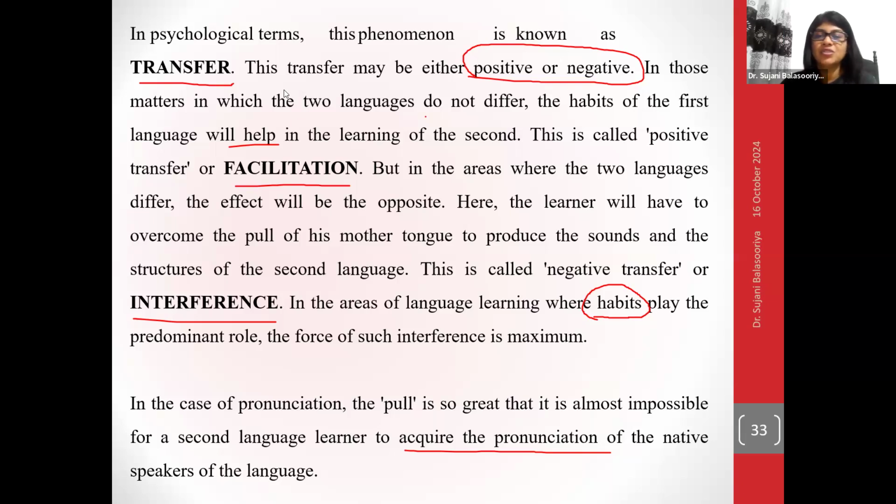So it's really difficult because of our already established set of rules regarding pronunciation, vocabulary, grammar, everything of our mother tongue. It's really difficult for us to reach the native-like pronunciation of another language.